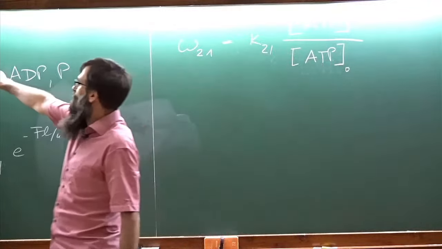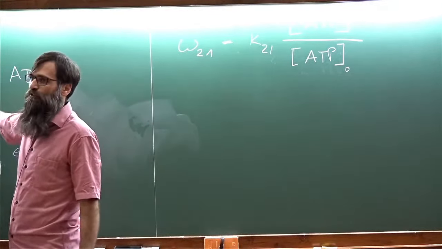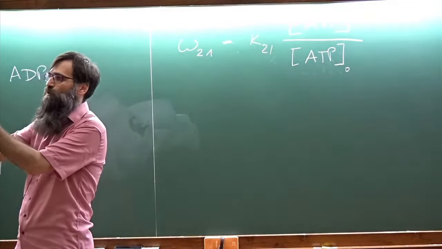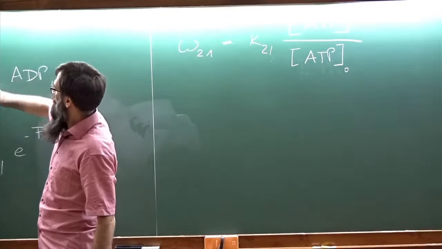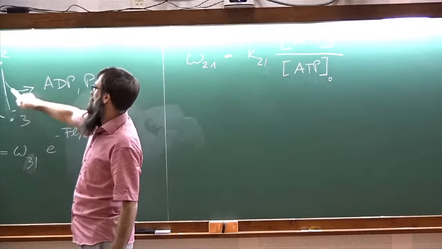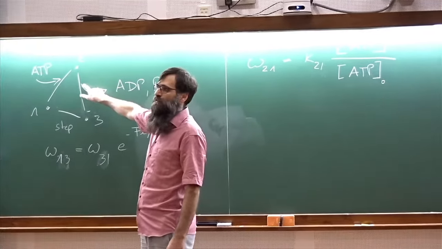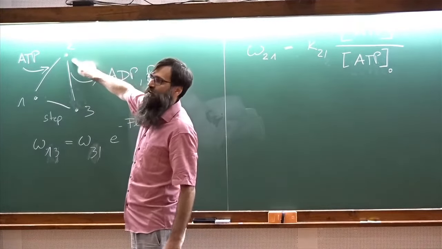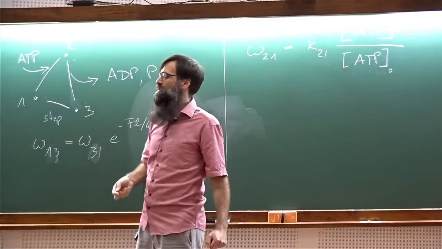The backward rate, from 2 to 1, will not depend on concentration, because that's just one molecule of ATP sitting in a binding pocket that will go out. Here, the forward rate is the same: the products come out, so this has no concentration dependence. But if I go in the opposite direction, then the products have to come in, so there I get a concentration dependence as well.